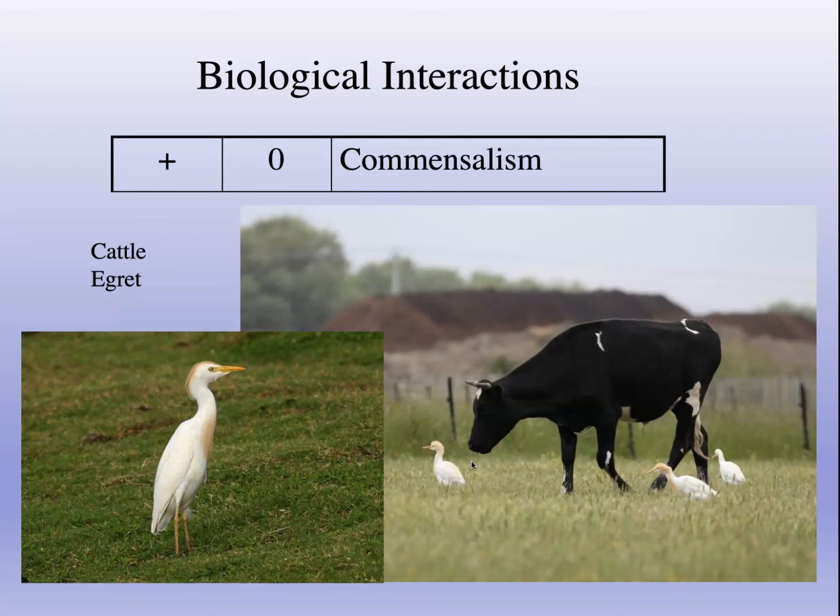Commensalism, this is the cattle egret and cattle. The cattle egret is naturally occurring all over the world. It is native to Africa, where it follows around all of the herding animals in the African savanna.